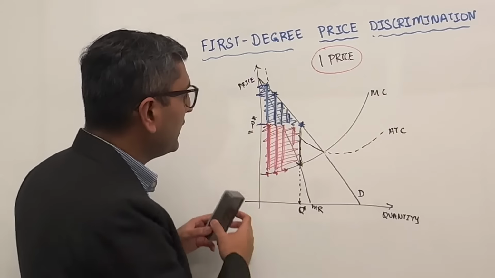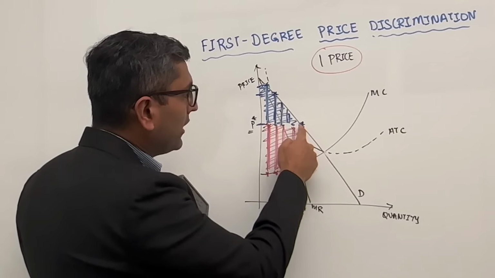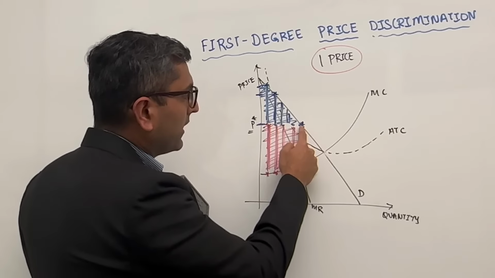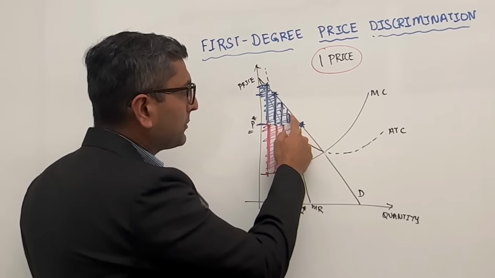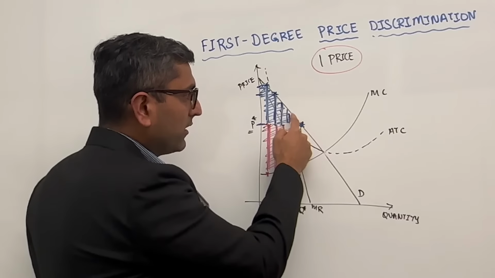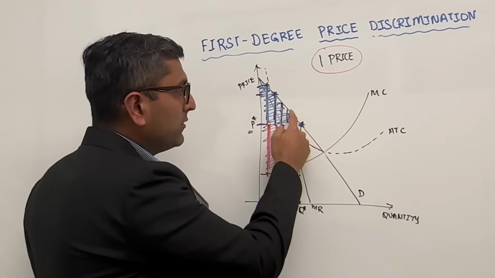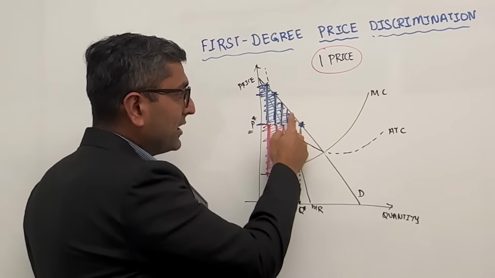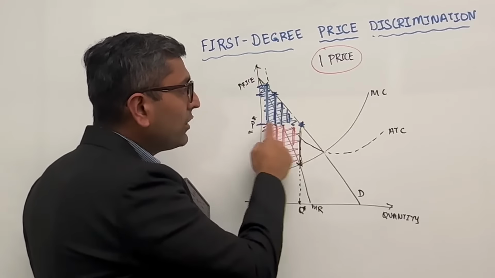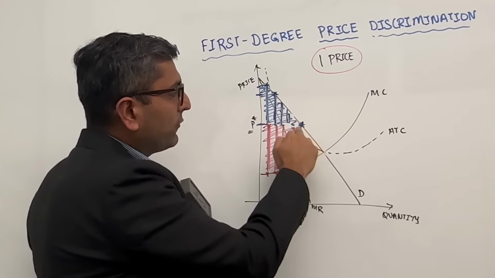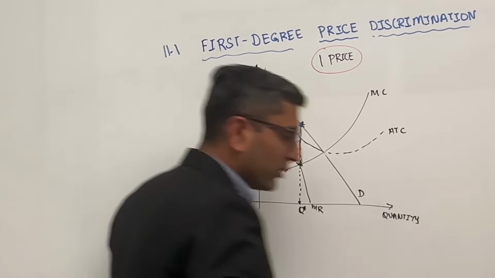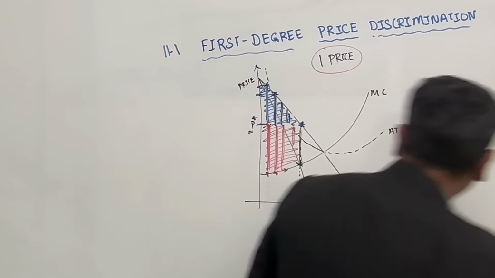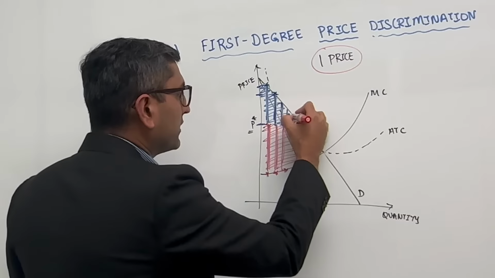What we are trying to say is, if I could sell not only at this price, but also at this price, where a consumer is willing to pay a much higher price, without lowering my price for this data point, I could also take this customer.